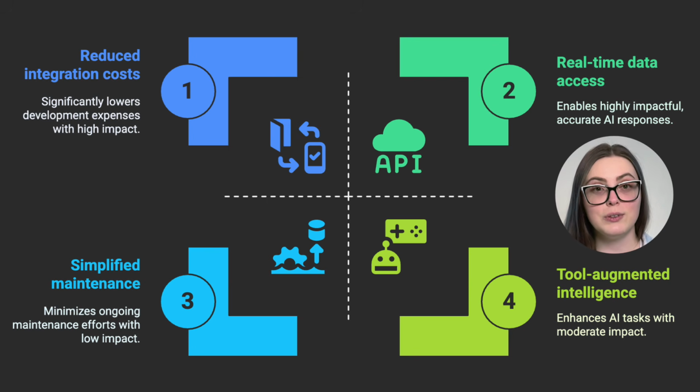This dramatically reduces the initial development cost for each new integration. Maintenance becomes simpler too. When APIs change or update, traditional integrations often break and require fixes. With MCP, servers can evolve while maintaining the same standardized interface, reducing the ongoing maintenance costs. And time to market accelerates significantly.